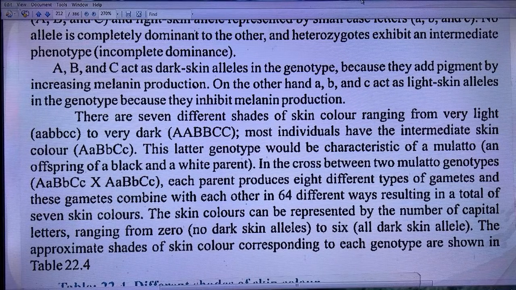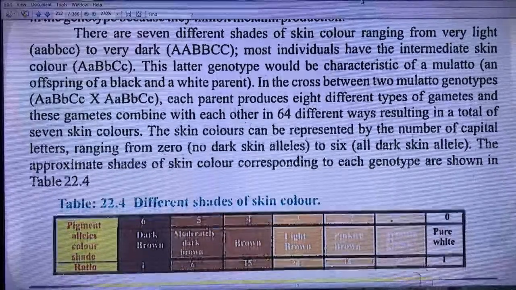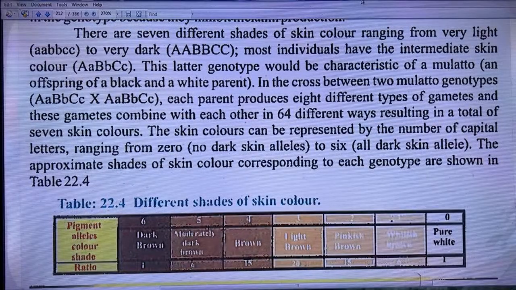On the other hand, a, b, and c act as light skin alleles in the genotype because they inhibit melanin production. There are seven different shades of skin color, ranging from very light to very dark. Most individuals have the intermediate skin color.